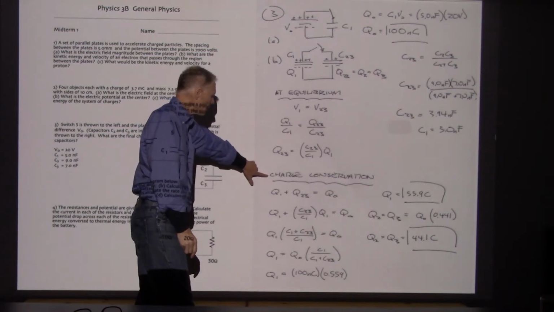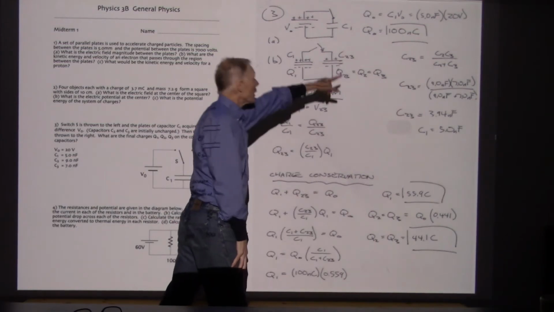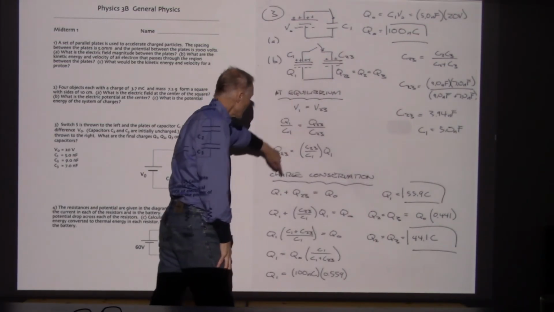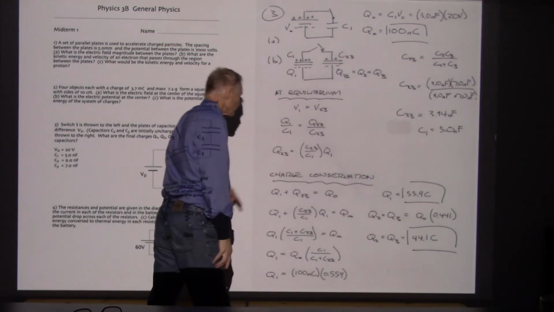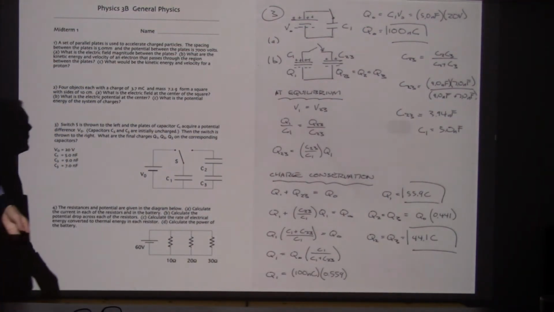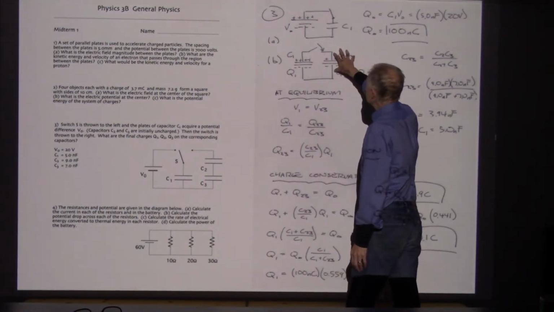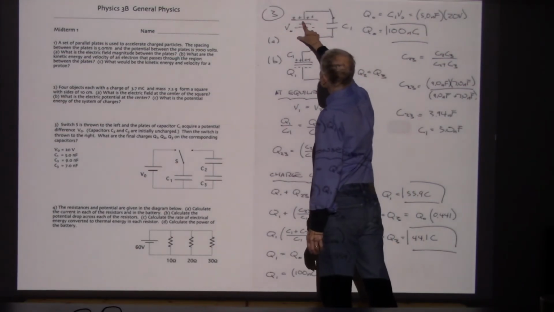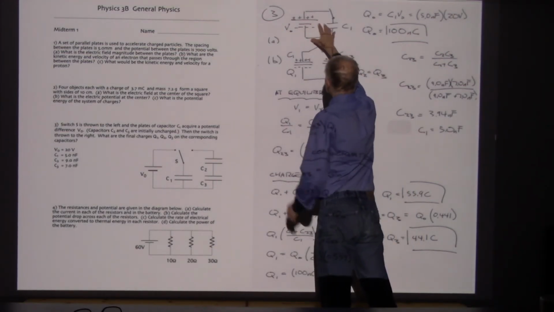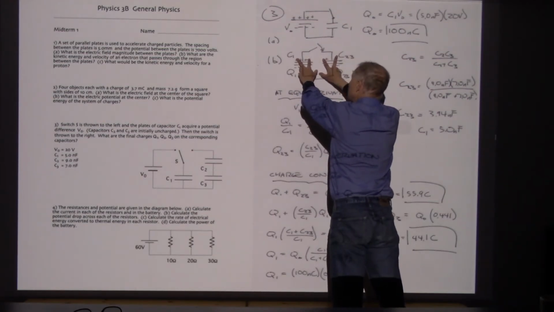And then charge conservation says that whatever the initial charge was, that initial 100 nanocoulombs, has got to show up at the end of the problem. The capacitor can't just discharge because of the presence of the other capacitor. So the C1 and the C23 combined are now going to be the 100 nanocoulombs.